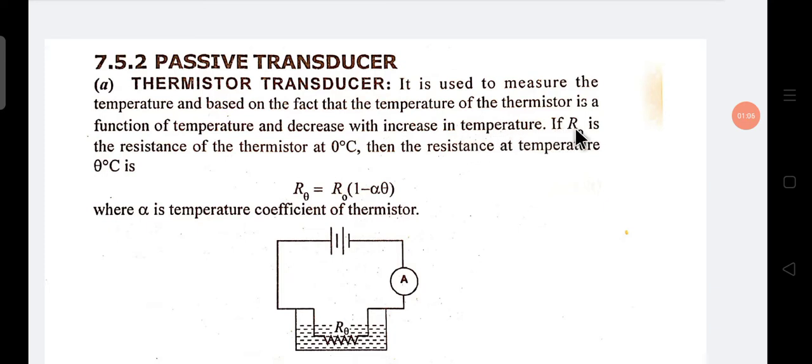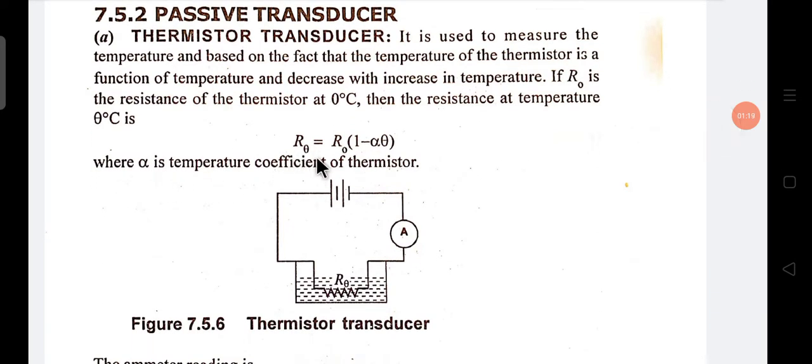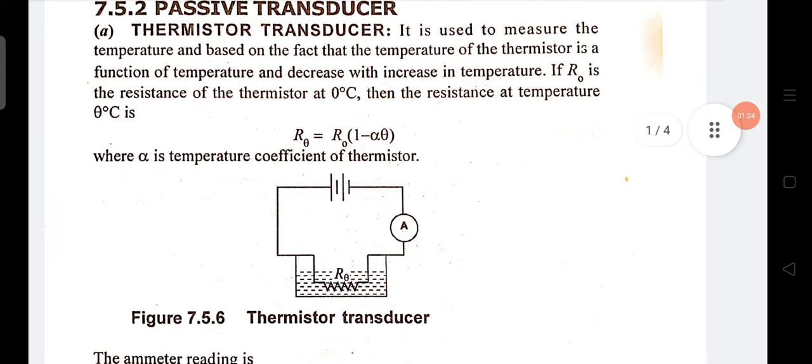If R0 is the resistance of the thermistor at 0 degree Celsius, then the resistance at temperature theta is R theta. Basically, with this thermistor transducer, when the temperature decreases, the resistance of the thermistor also decreases, and when the temperature increases, the resistance of this transducer increases.